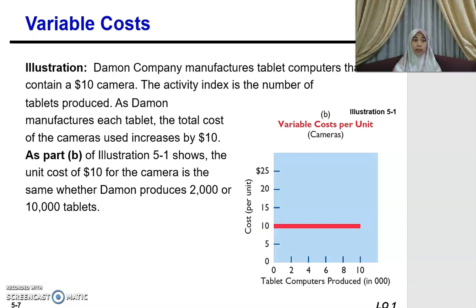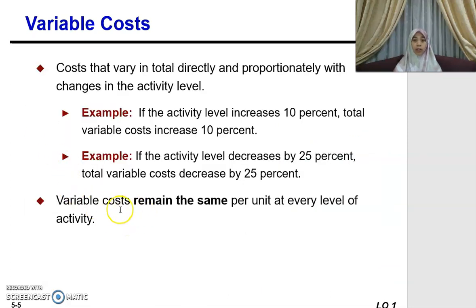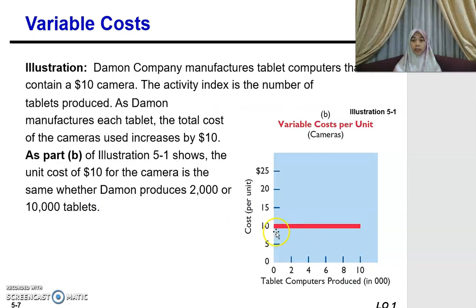Remember, the variable cost remains the same per unit at every level of activity. Your variable cost per unit remains at 10 ringgit per unit.